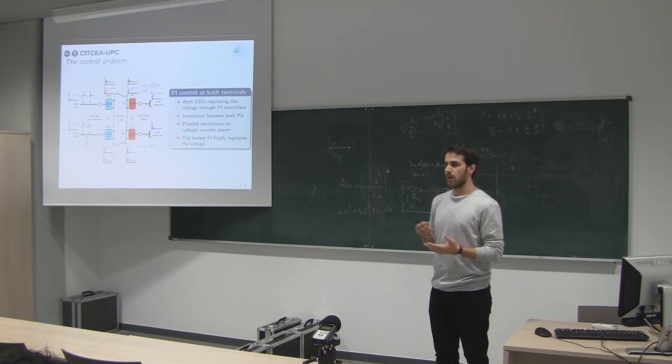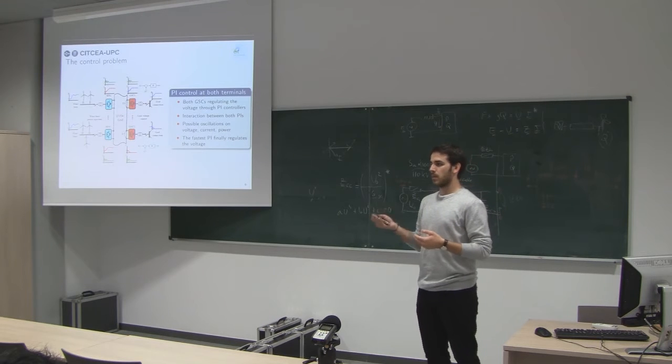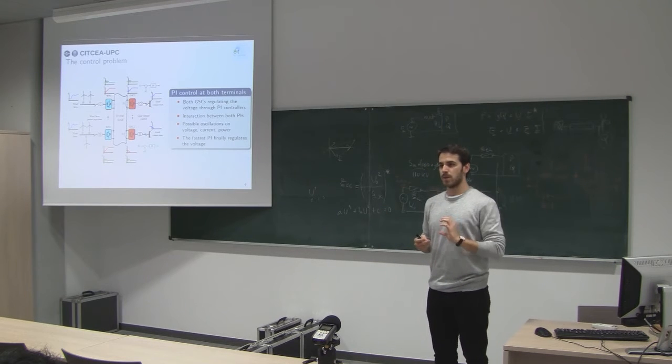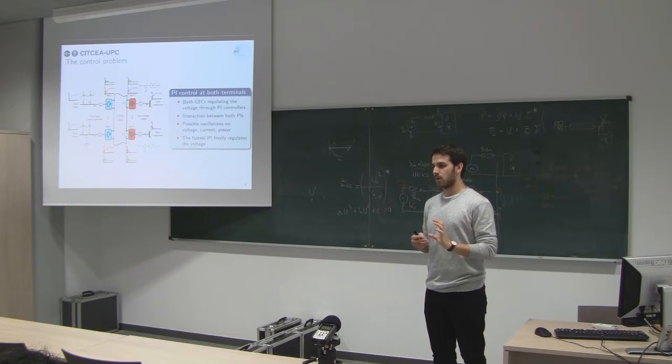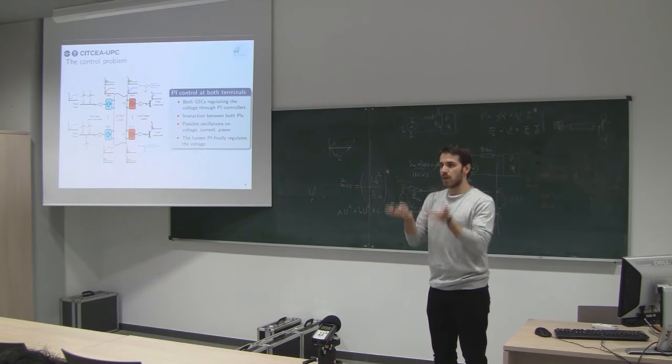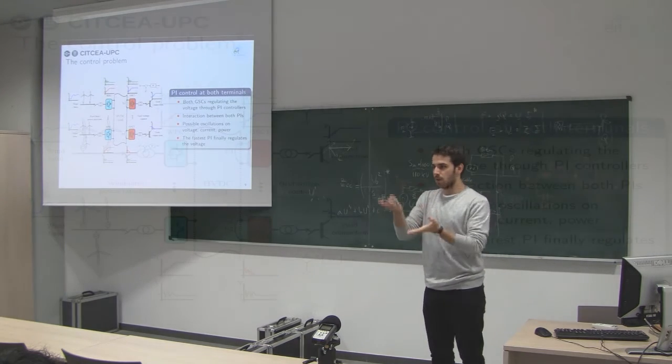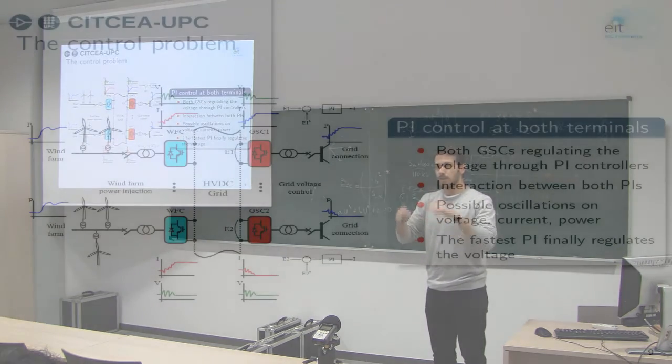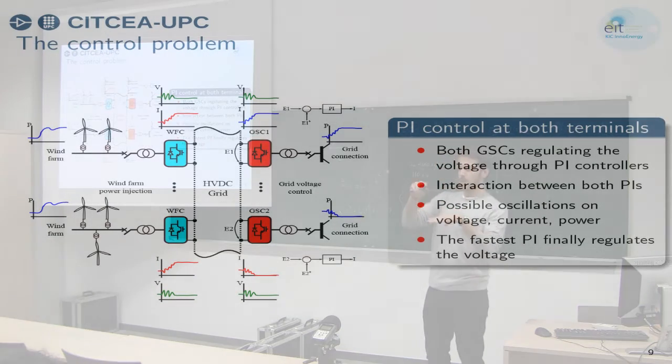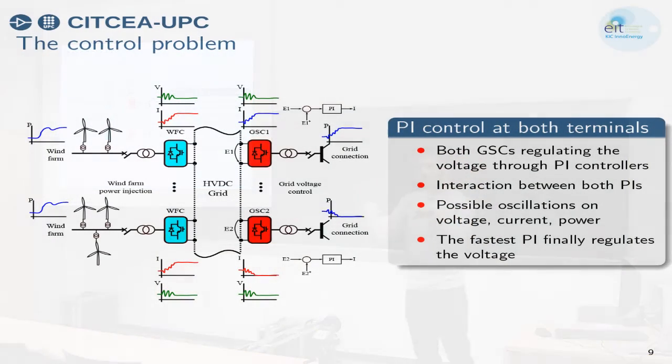You can imagine that one probably has the voltage loop tuned for 20 milliseconds and the other one for 100 milliseconds or whatever. So you will have some interactions because one will try to regulate the voltage faster than the other, and the other will see that there's a higher error and will extract more power. So you will see some oscillations like this on the voltage, and this could go even unstable.